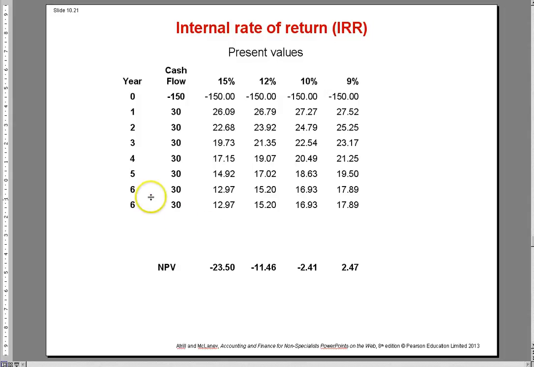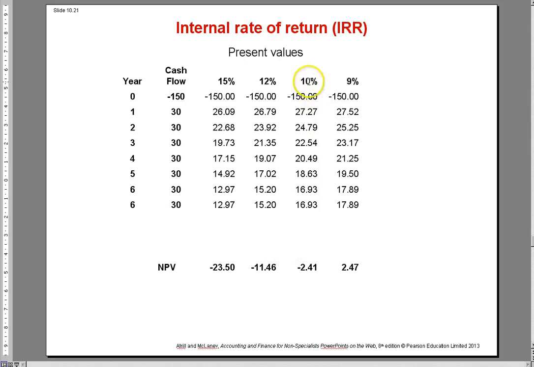So here's some calculations based on the example we've been looking at. You can see at 15% it was 23.5 was our net present value. It was negative. If we lower the return, we don't ask for as much, then the present values are a little bit higher, as you can see, and our net present value falls to 11.